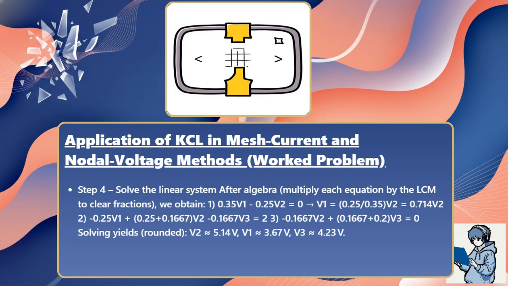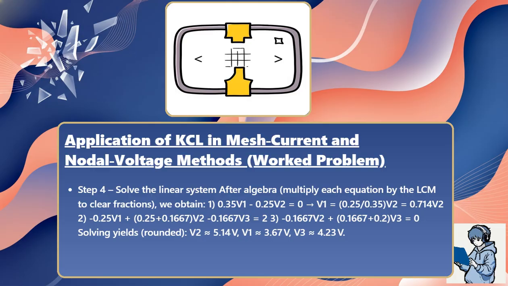Step 4. Solve the linear system. After algebra, multiplying each equation by the least common multiple to clear fractions, we obtain equation 1, 0.35 V1 minus 0.25 V2 equals 0. Therefore, V1 equals 0.25 divided by 0.35 V2, which is approximately 0.714 V2. Equation 2, negative 0.25 V1 plus (0.25 plus 0.1667) V2 minus 0.1667 V3 equals 2.